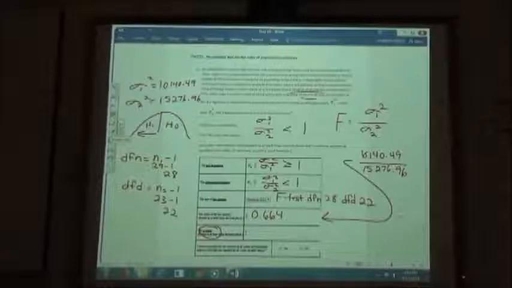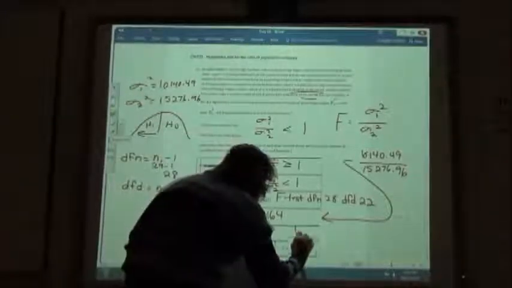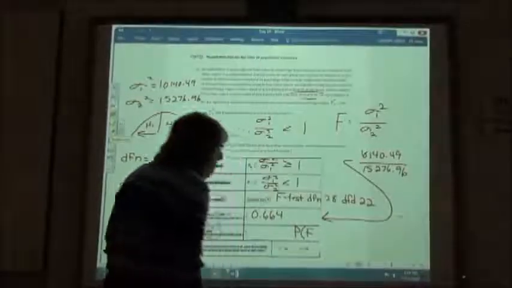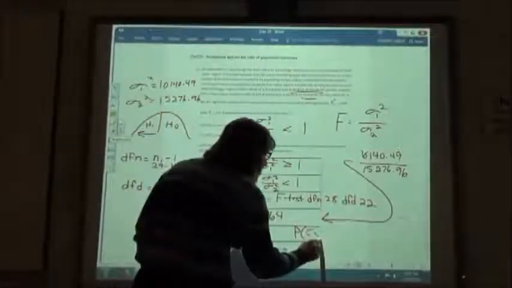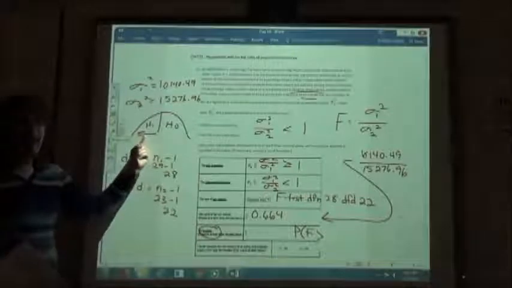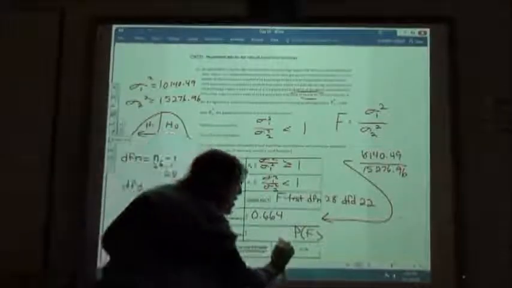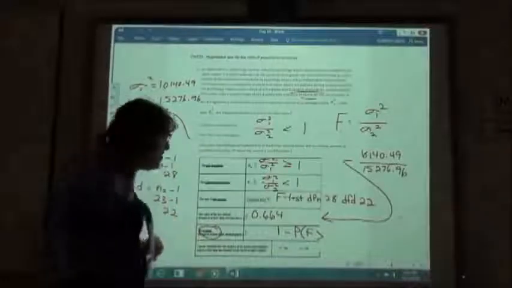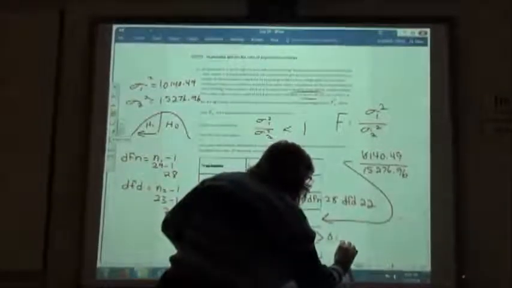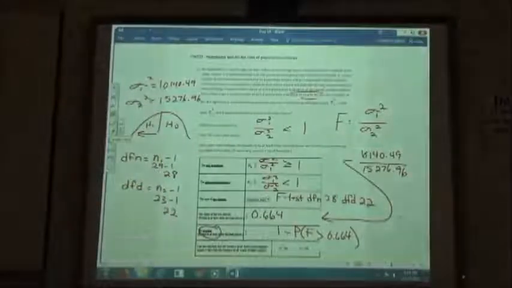On the Alex calculator, when you do the p of f, is it a greater than or a less than? It is a greater than. We're checking less than, which means we have to do 1 minus the p of f is greater than 0.664 because we're going the opposite way of what the calculator does, right?